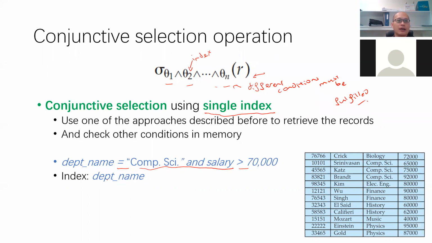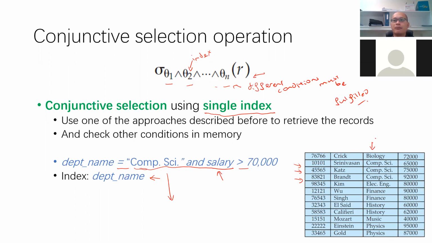If let's say we have the index built only on department name, we will use the earlier way of calculating the cost to find the index, how long it takes for us to get down to the computer science records over here. After we have the records in memory, then we will check on the other conditions. Okay, so let's look at this example.